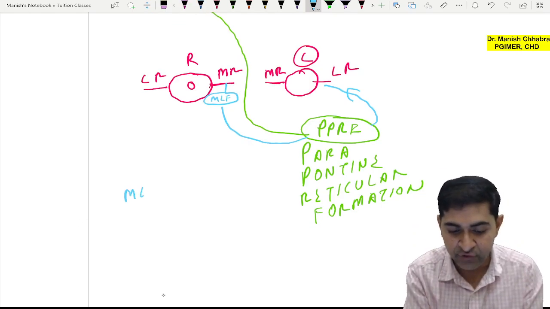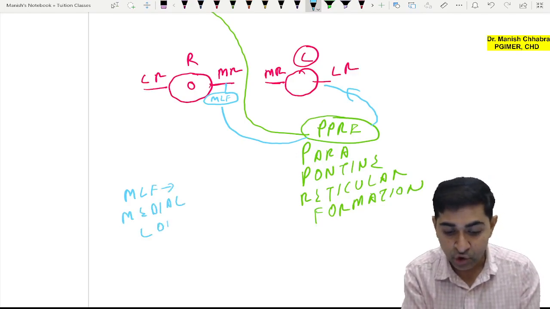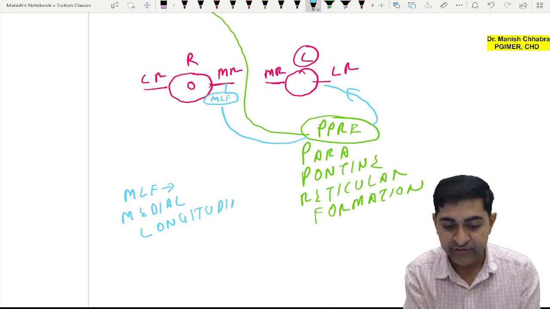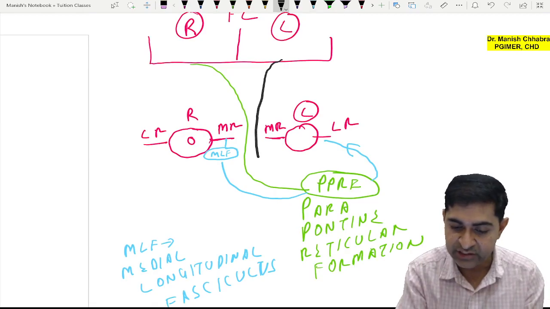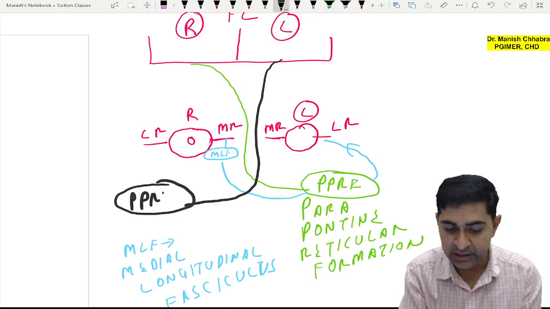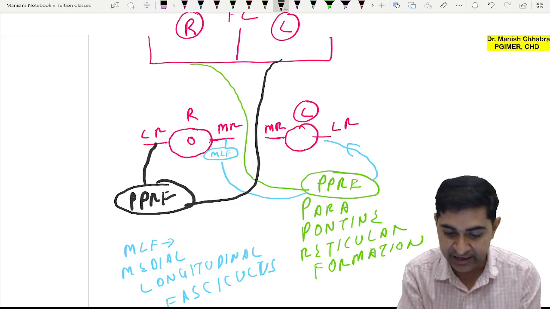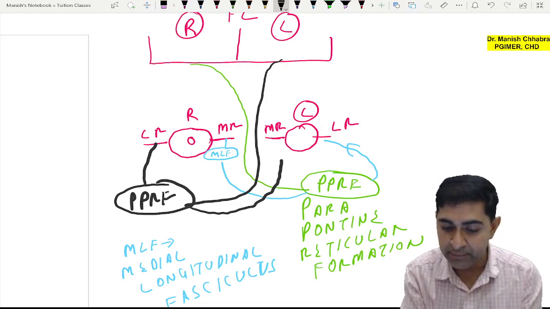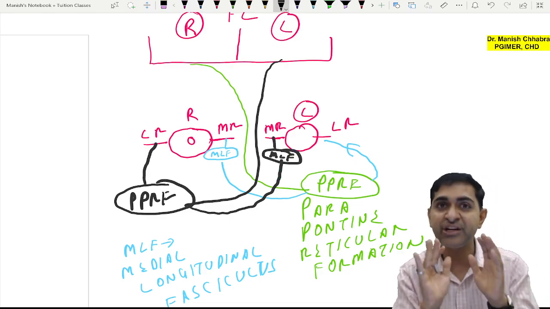So I am writing the full form of MLF as well. It is medial longitudinal fasciculus. Okay, now the PPRF of the other side. So the fibers are coming from the left side going towards the right PPRF, and similarly as of the left side PPRF, so ipsilateral lateral rectus and contralateral medial rectus, but they will pass through the medial longitudinal fasciculus.